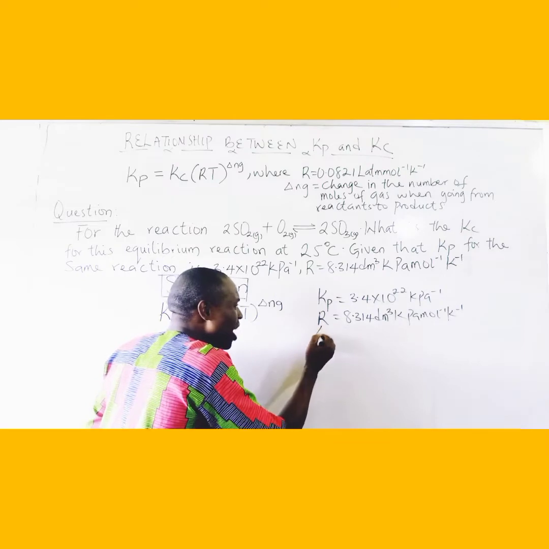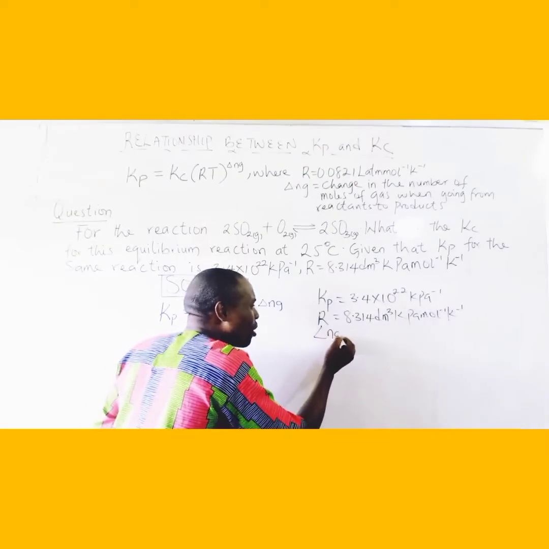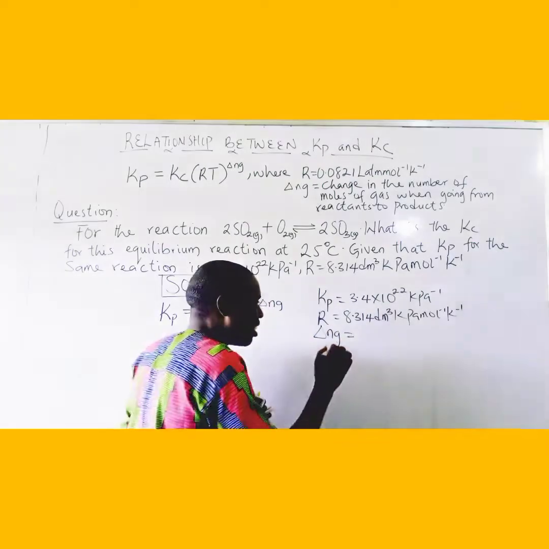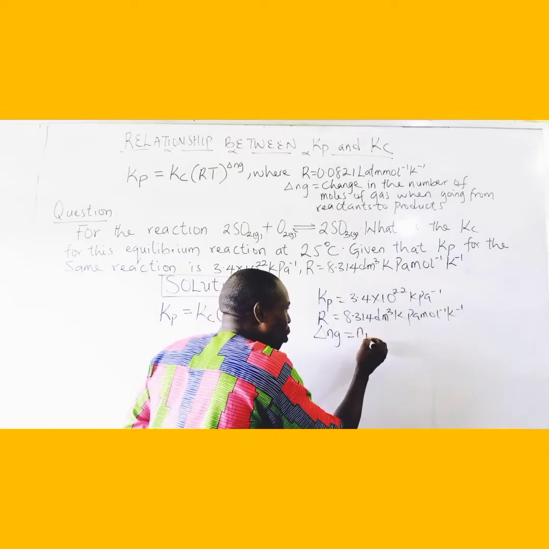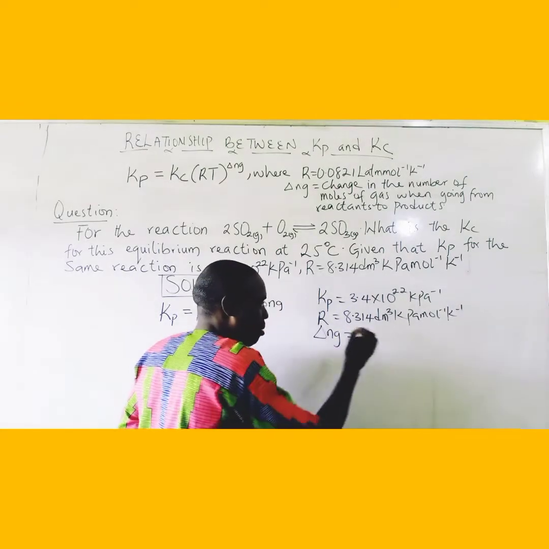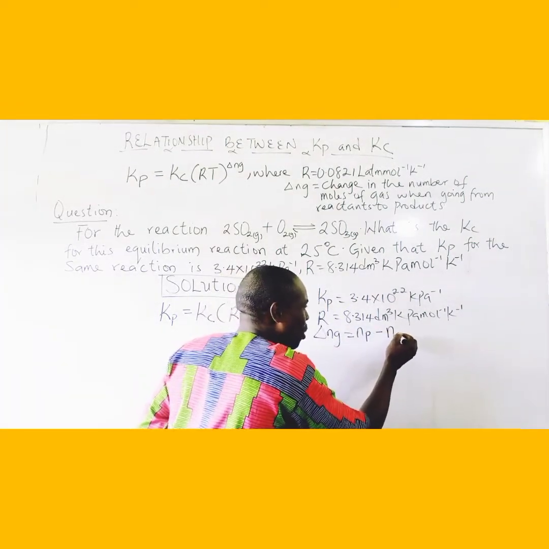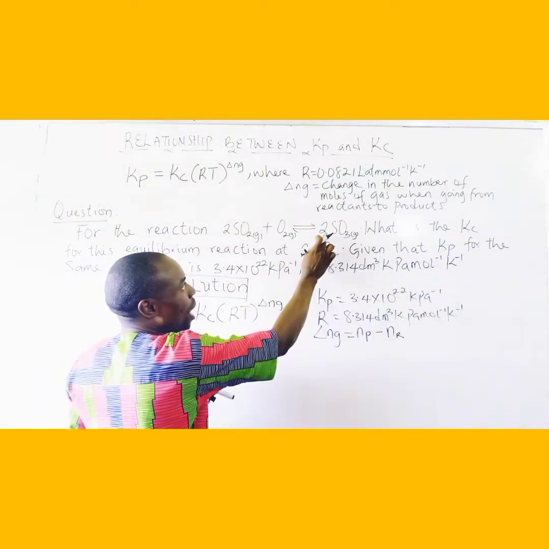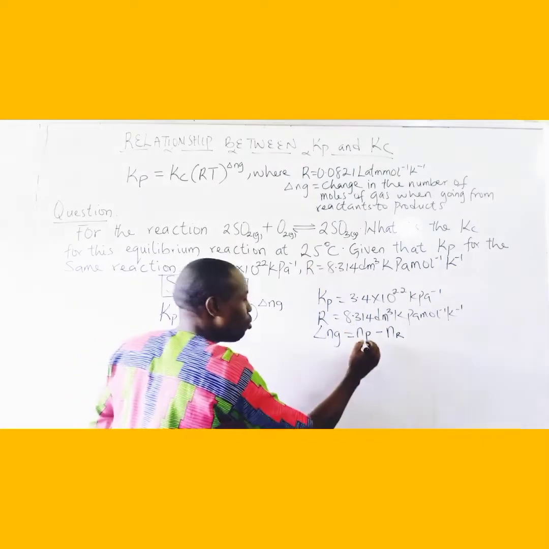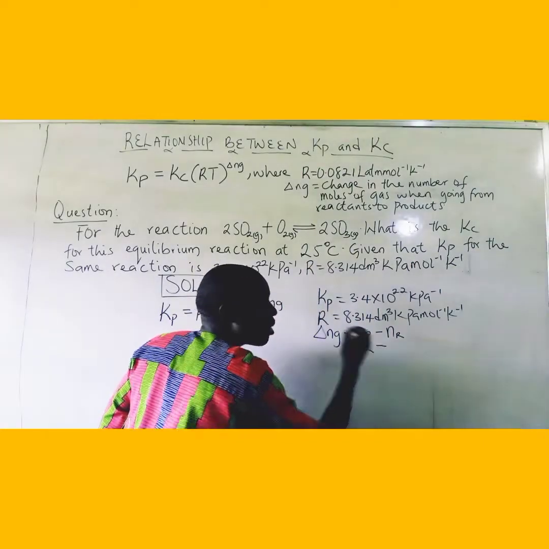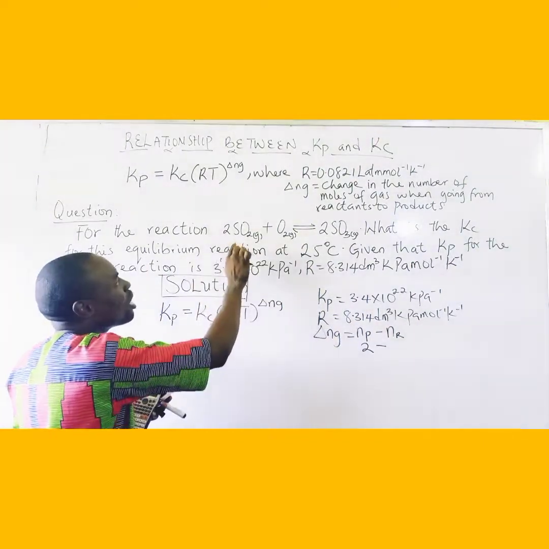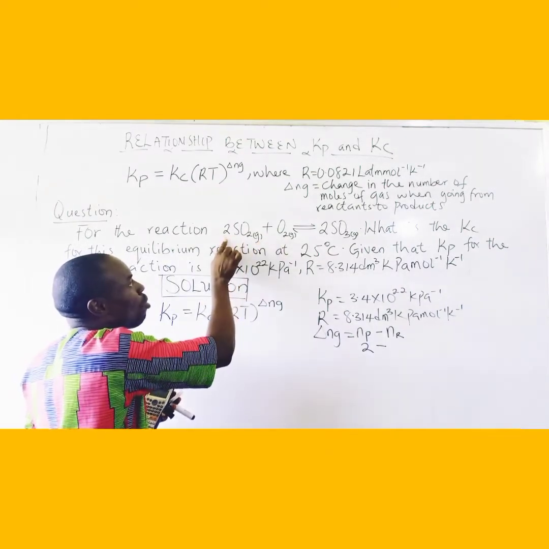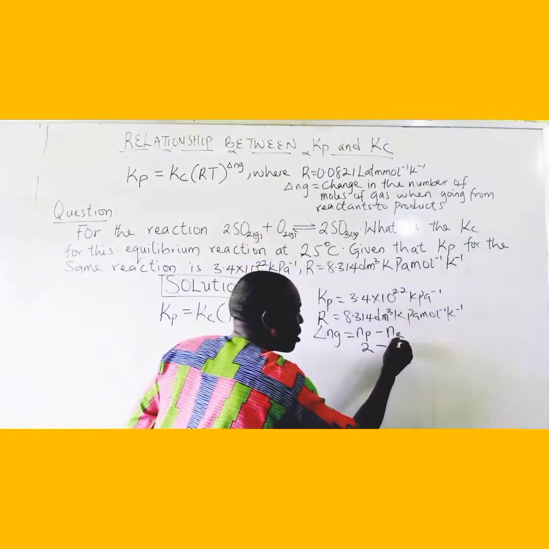And our change in the number of moles of the gaseous substance is the number of moles of the product minus the number of moles of the reactant. How do we go about it? Now, we have 2 here, minus the summation of the number of moles of the reactants, which is 2 plus 1, which is 3.